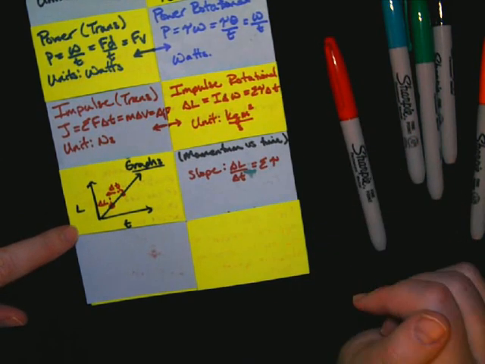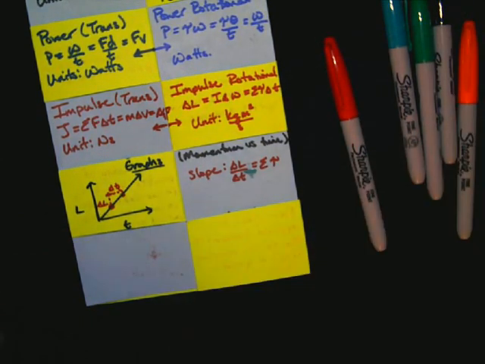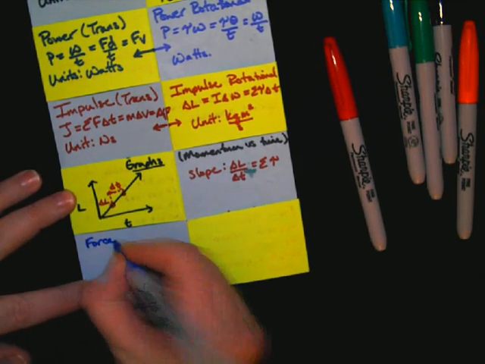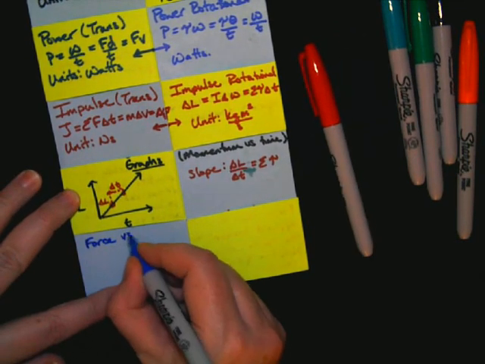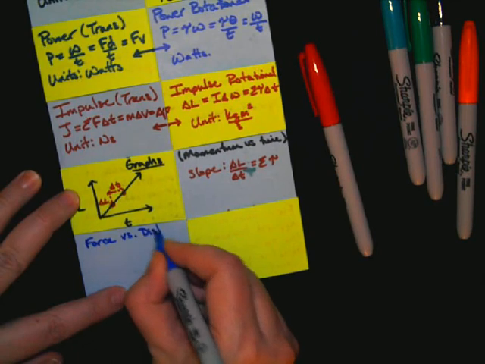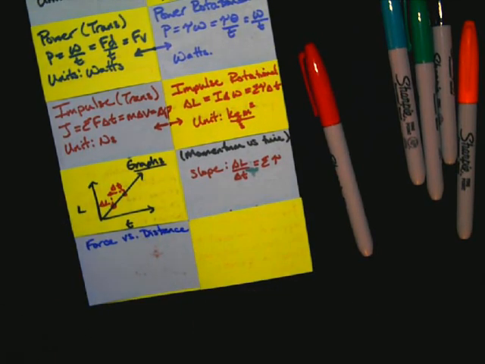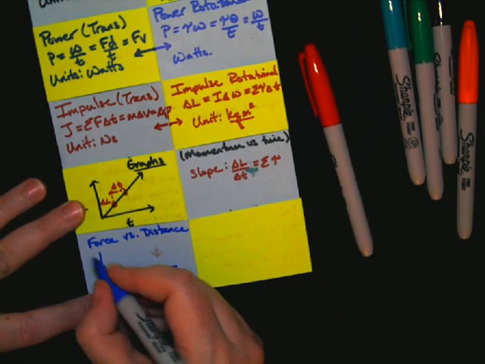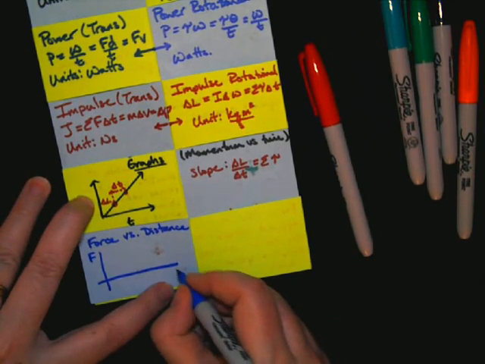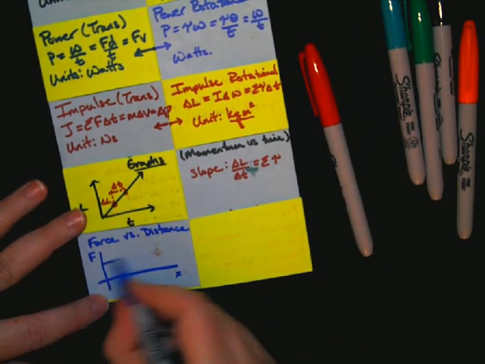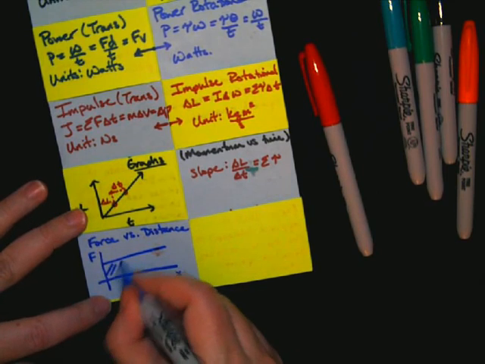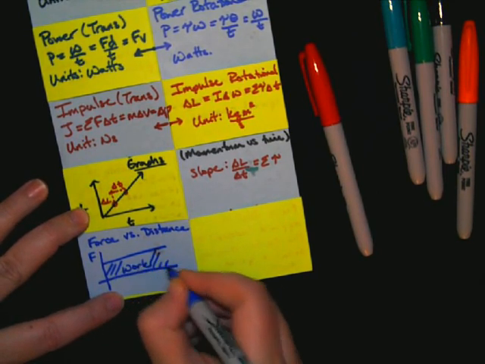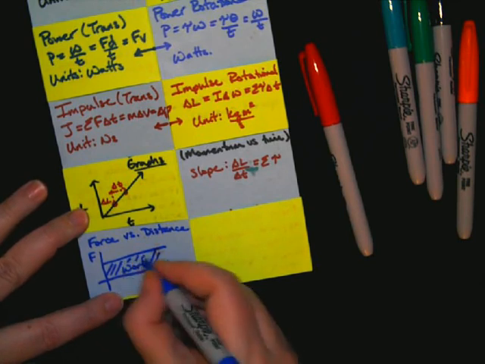So let's do another one. So the next graph would be force versus distance. And so we saw that one before, that graph. So if I have force and position or distance, then what we have here is the area was work. You're like, but that's not a new one. That's something we've already known.